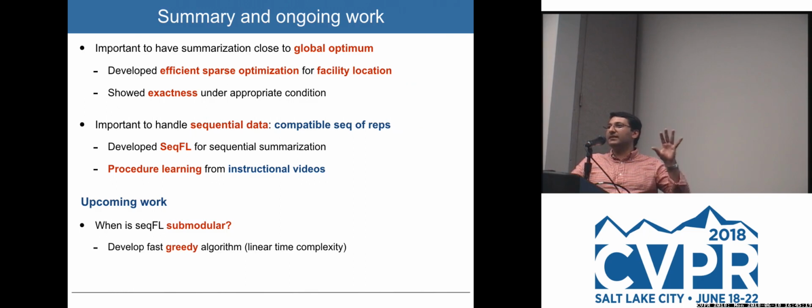It's not necessarily submodular, but under certain conditions we can show that it is, so we can develop fast greedy algorithms along the lines of what Amin talked about, instead of the maximum message passing algorithm that I talked about.